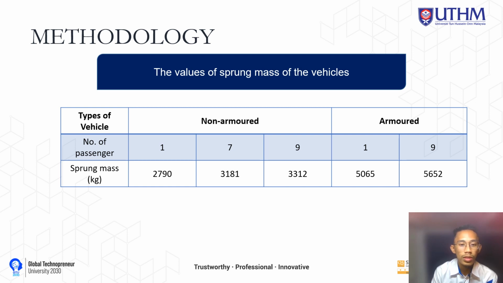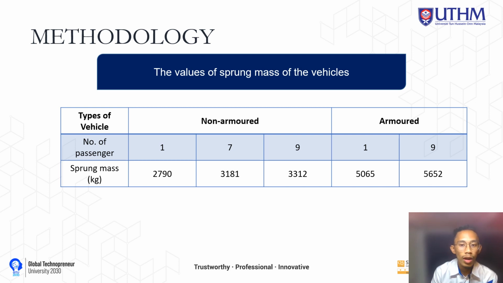So for the non-armored vehicle with one passenger, it is 2,790 kg. For 7 persons, 3,181 kg, and for 9 persons, 3,312 kg. For the armored vehicle, the sprung mass of the vehicle is 5,000 kg.